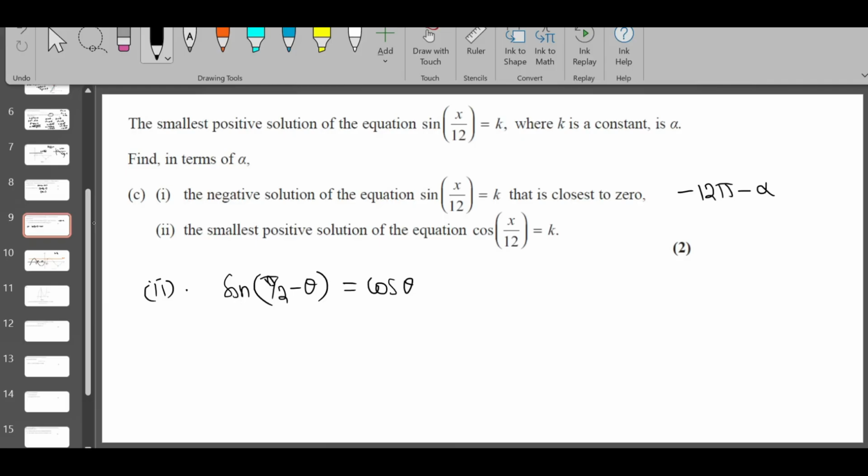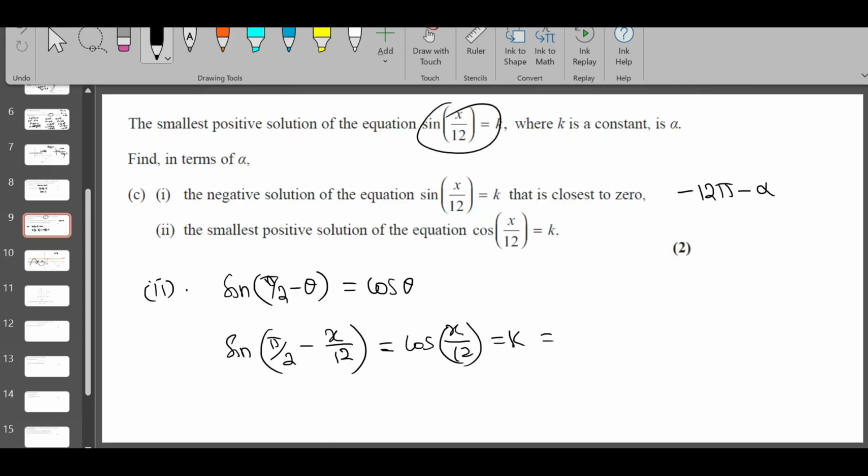So you can write cos x over 12 as sine of pi over 2 minus x over 12. This is cos x over 12 or k, which is the same as sine x over 12. So I'm going to equate it to sine x over 12.